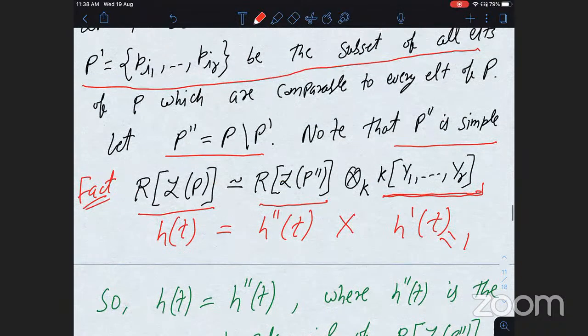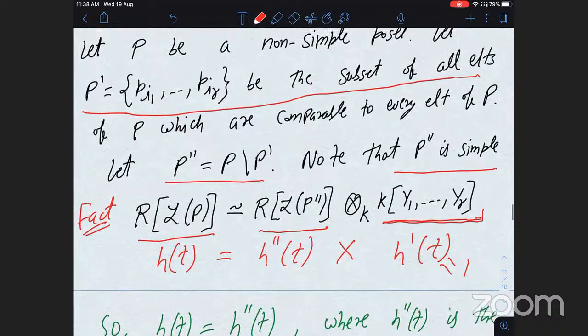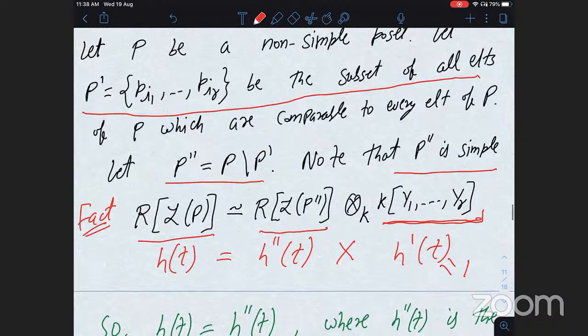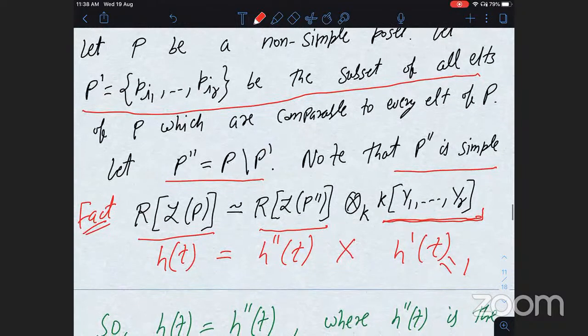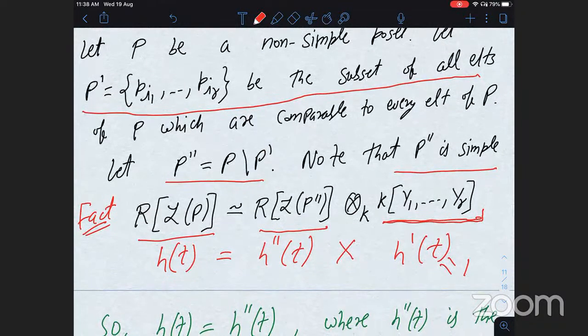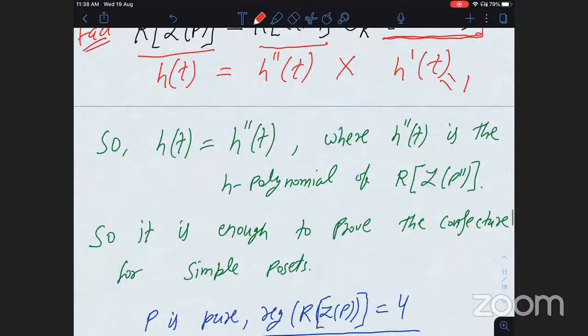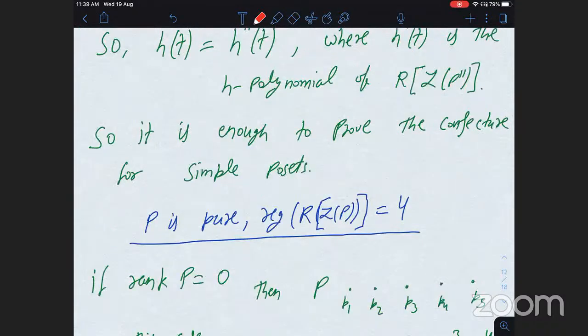So if we want to prove the conjecture for a non-simple poset, it is enough to prove the conjecture for the poset P double prime, which we obtain by removing all the elements of the poset that are comparable with every element of P. In other words, it is enough to prove the conjecture for simple posets.